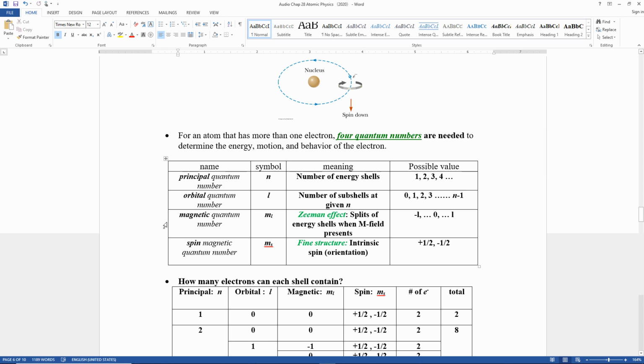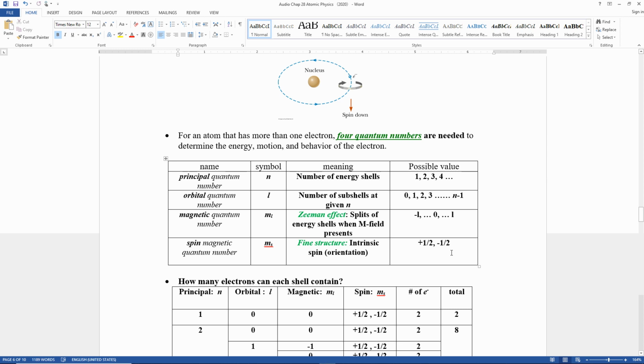Then under a magnetic field, we have more room. This quantum number we call the magnetic quantum number, m_l, and it depends on the second number. The last one we call spin, S-P-I-N, and it gives you the orientation. It can only have two possibilities, either positive or negative half.